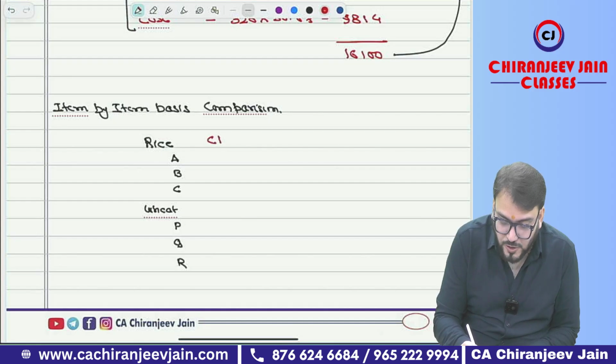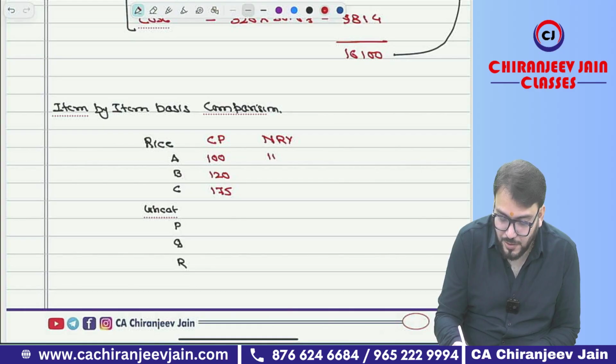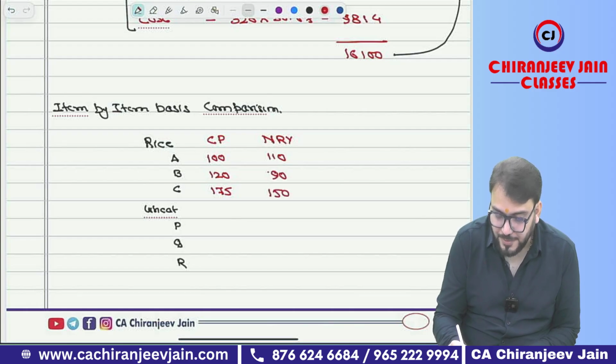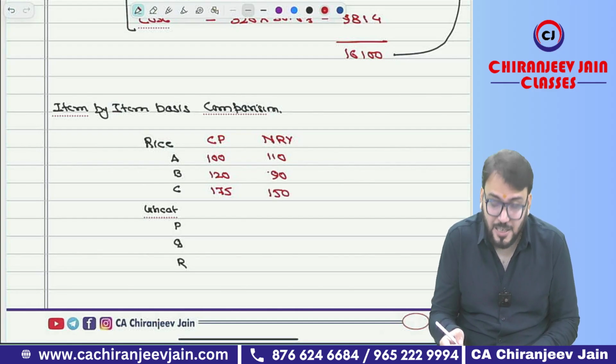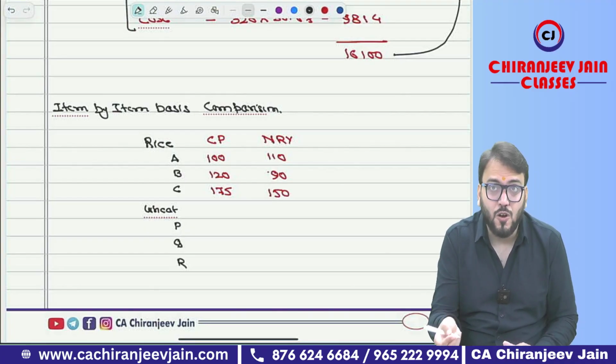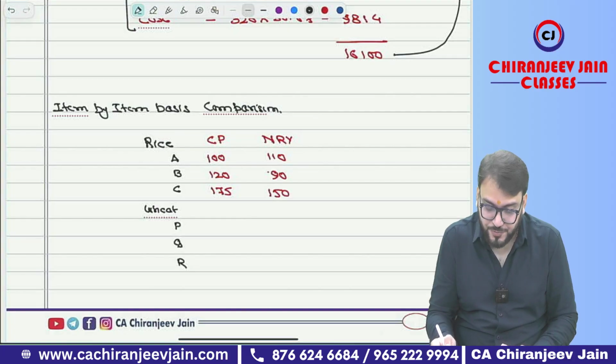Now we need to find out cost price. Now suppose cost price is 100, 125, 120, and 175. We need to find out NRV also. Suppose NRV is 110, 90, and 150. Similarly, for wheat also we'll find out cost price and NRV on an item by item basis.